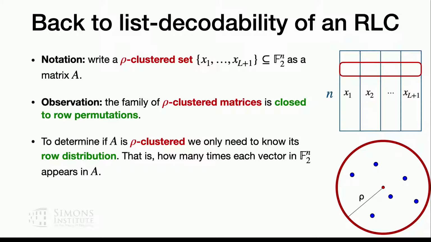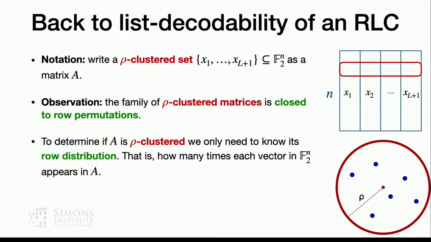But what does that mean? Suppose I give you a matrix and I ask you to tell me whether this matrix is a witness, whether the columns of this matrix together form a set that's contained in a ball. And I just told you that you don't need to know the exact rows.